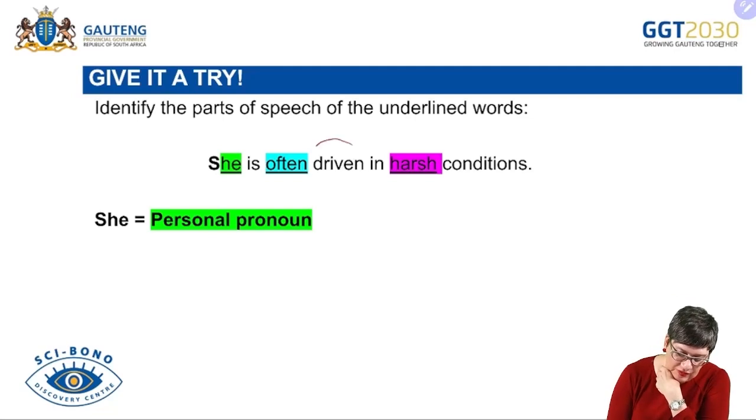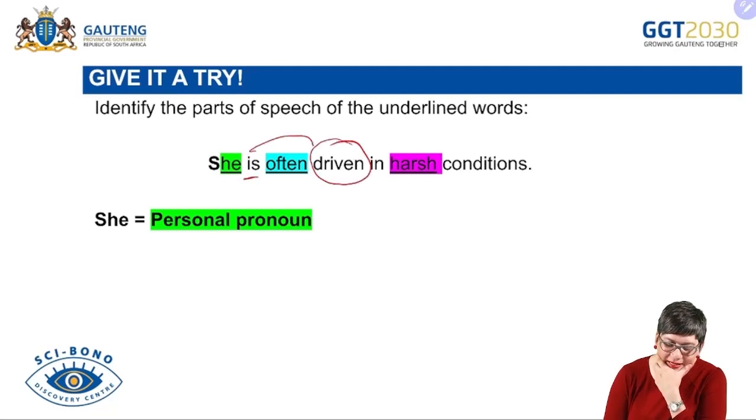Because if you find your verb is driven, that's your verb, then it's easier to figure out what the rest are. Now, the little word often, what is the word often doing? Yes, it is describing time, frequency, how many times is she driven? She's driven often. And that tells me it's an adverb.